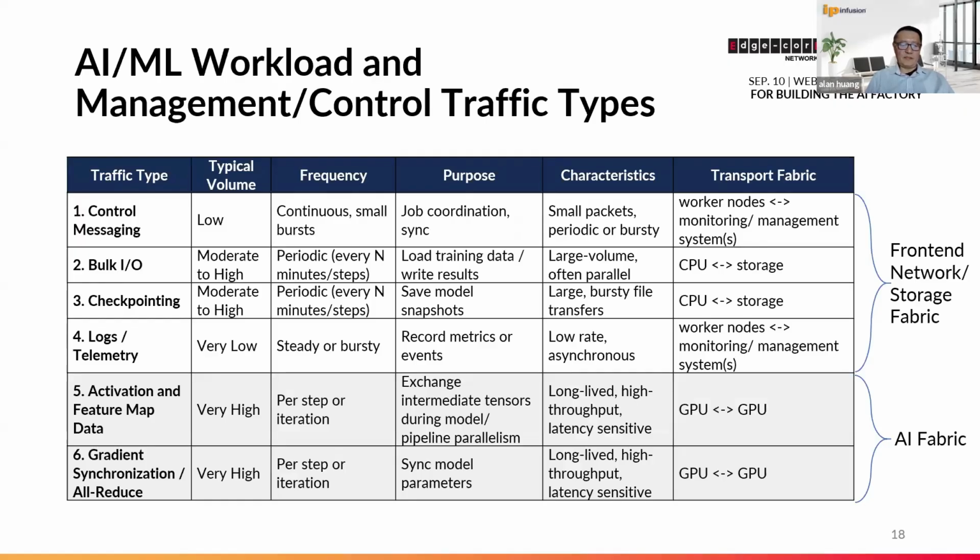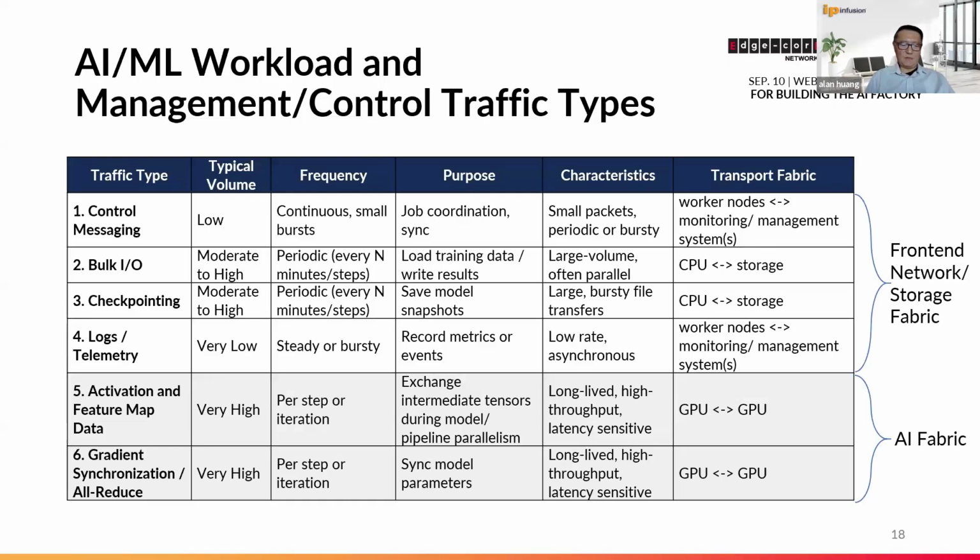Now, we walked through an example workflow of an AI job a couple of slides ago, with the AI job being pipelined and load balanced across GPUs through the network. But that workload actually involves different traffic types shown on this slide. I'll go from the top to the bottom.